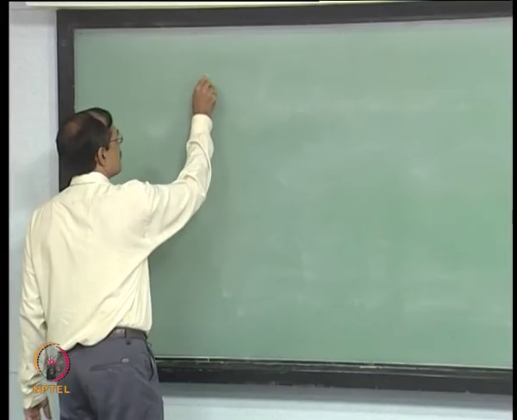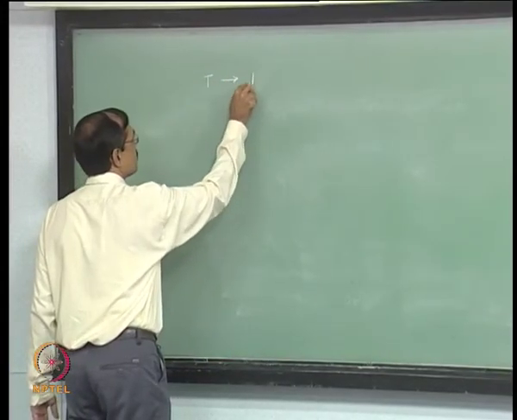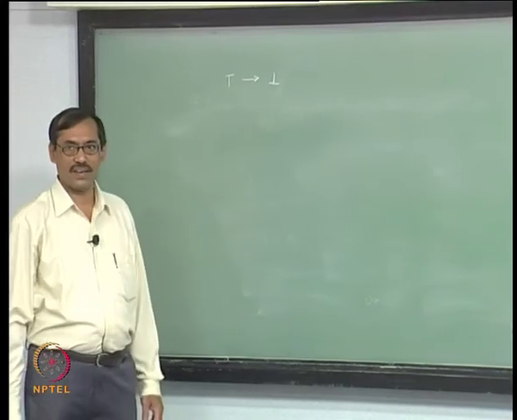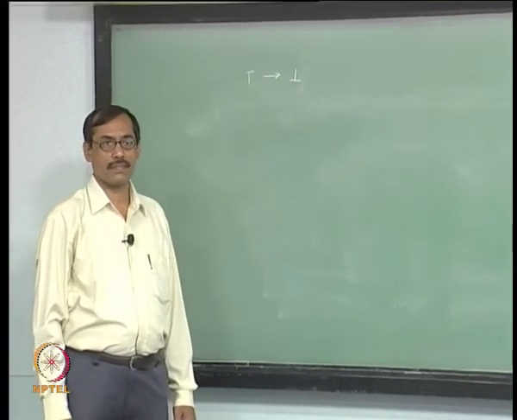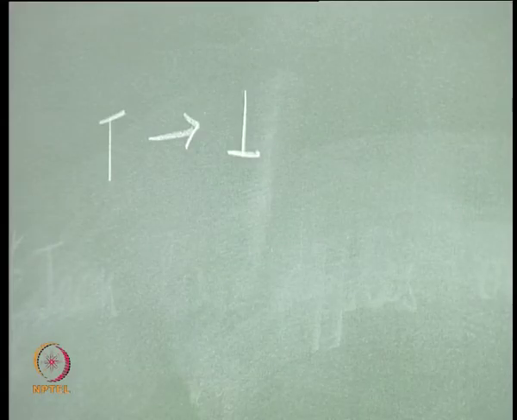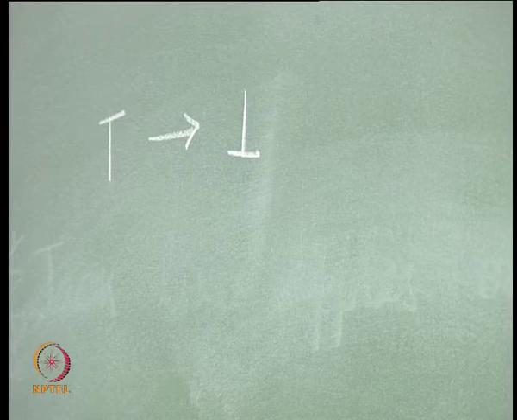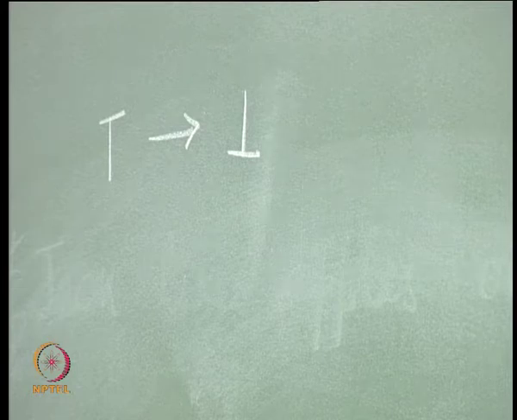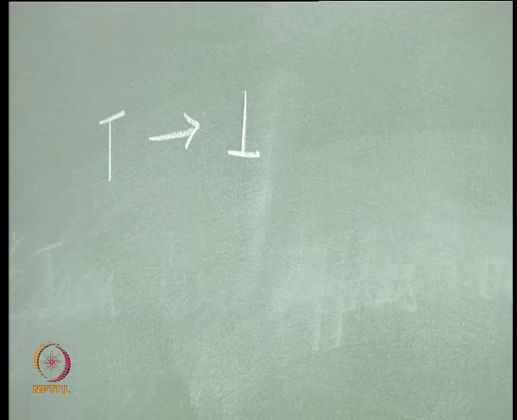Say I start with top implies bottom, is it a proposition? If it is a proposition, tell me in which way we have generated it. Top is a proposition, yes. Bottom is a proposition, yes.